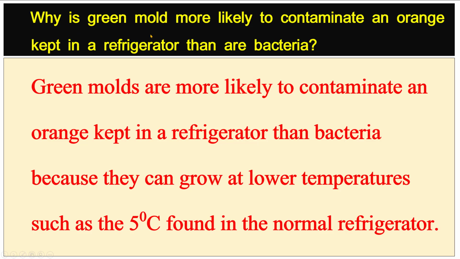Why is green mold more likely to contaminate an orange kept in a refrigerator than are bacteria? Green molds are more likely to contaminate an orange kept in a refrigerator than bacteria because they can grow at lower temperatures such as found in the normal refrigerator.